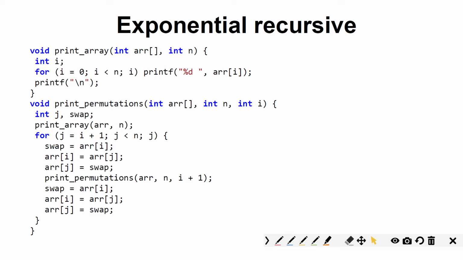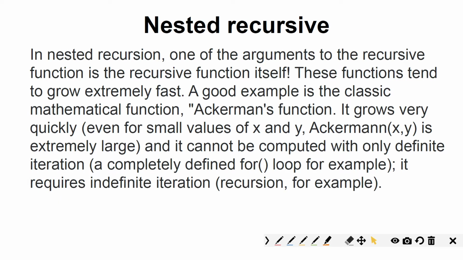As you see, we're swapping elements, and after this printing and also swapping again those elements. And each time we print it. And if you have a huge n, you will get a really fast-growing function. Later I will show some different examples and you will see the difference.